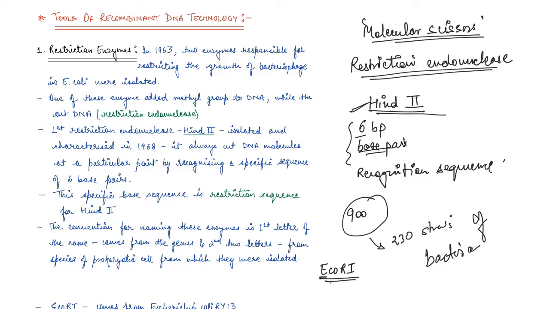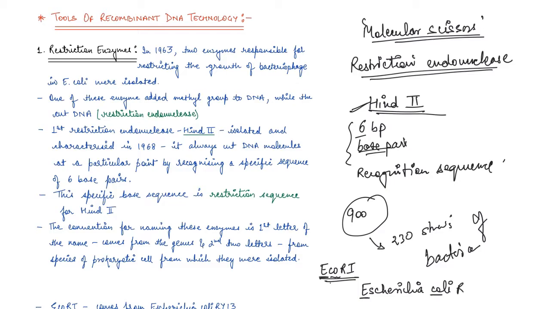The first letter and the second and third letters come from the genus and species name of the bacteria, which is E. coli, so E and co, that is Eco.